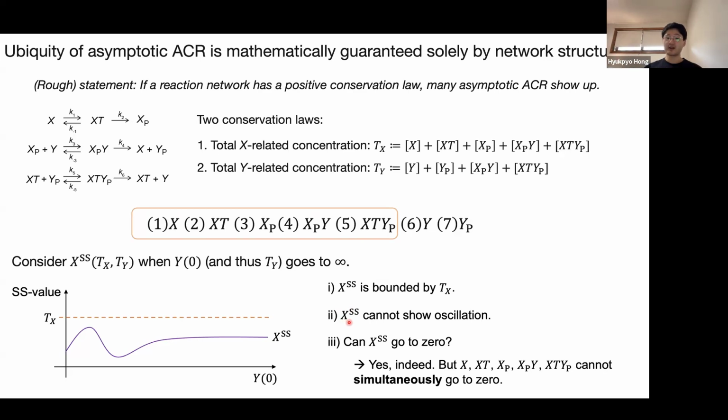So both facts are contradictory. That's why this steady state level of X curve cannot oscillate and must converge to a level less than or equal to T sub X.